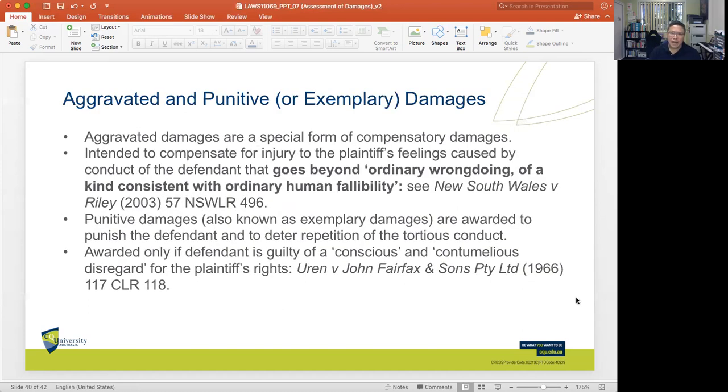Now, finally, let's talk about aggravated and punitive or exemplary damages. Again, as I pointed out, especially in the US, the amount of aggravated and punitive or exemplary damages would often be very high, as a way of deterring future abhorrent behavior, or as a way of punishing the defendant.